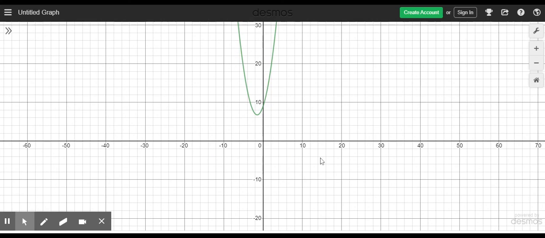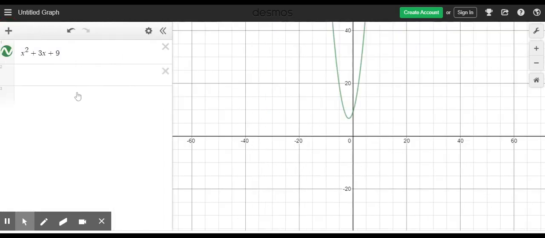What do we mean by that? We don't have any x-intercepts. And what do you know about x-intercepts? They are your zeros, your solutions. So x squared plus 3x plus 9 doesn't have any solution because it doesn't have any x-intercept in its graph. So that's how to counter check our claim.